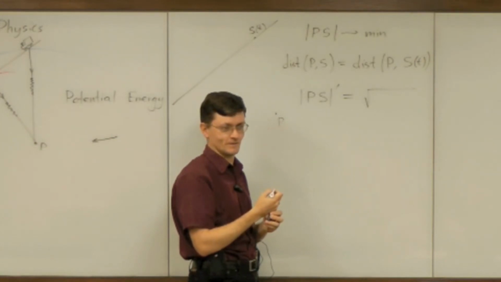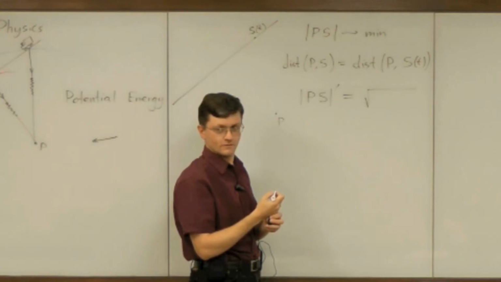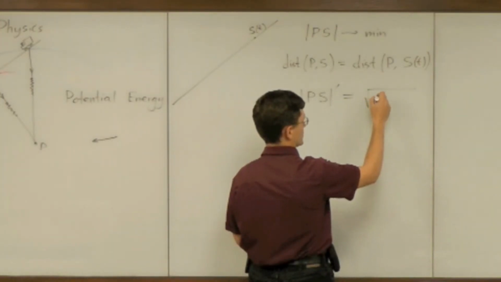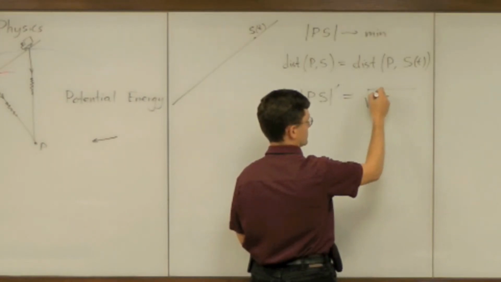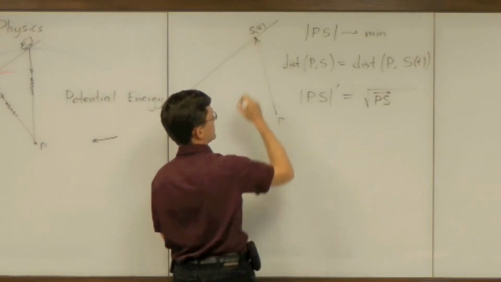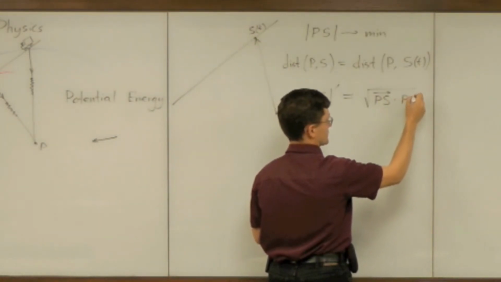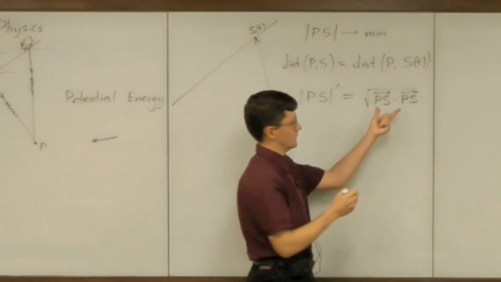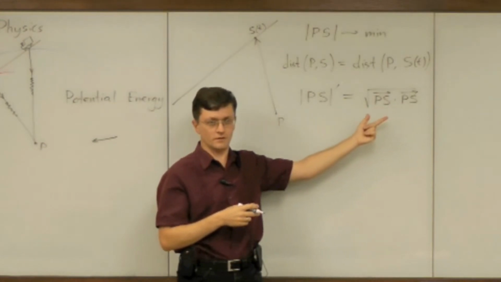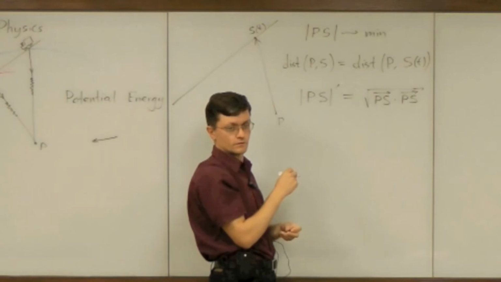What is it that we did? Dot product. Right? We use dot product. So we looked at the vector from P to S. We take vector PS, we dot product with PS, and that product is equal to the square of the magnitude of PS. And as we take the square root, we get the distance.